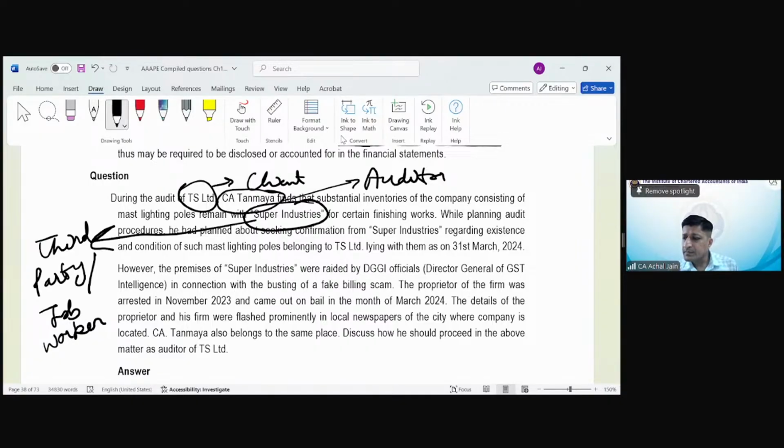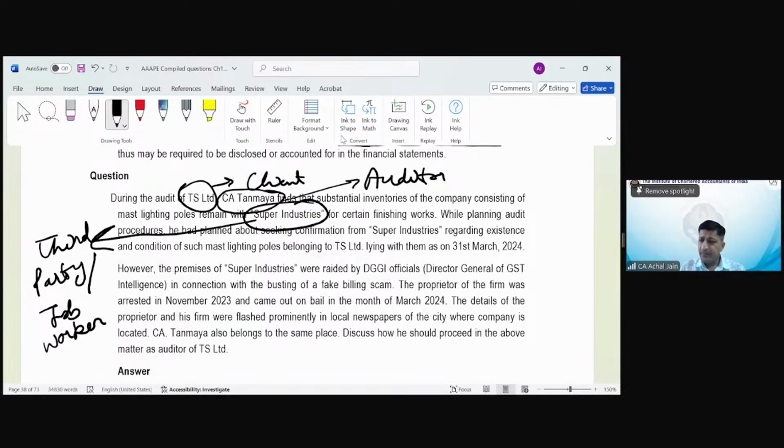Discuss how he should proceed in the above matter as an auditor. Now, what is his position? While planning the audit procedure, he had planned about seeking confirmation from the third party. On that particular aspect only we need to answer it.